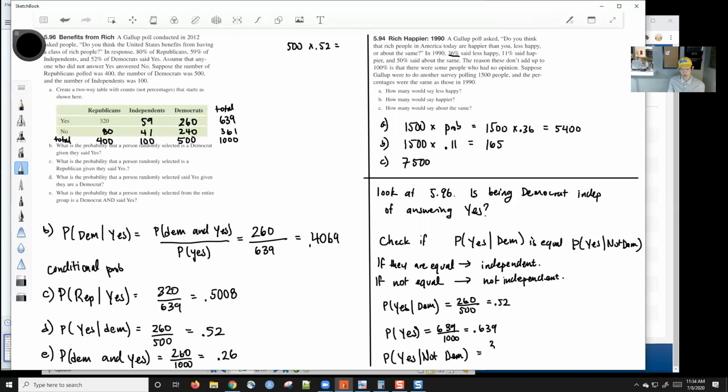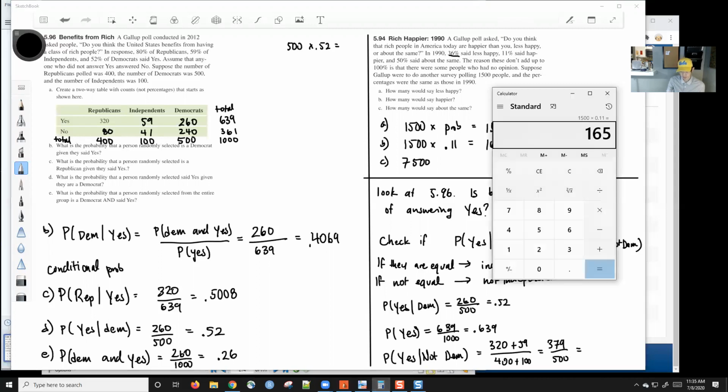We'd have to do 320 plus 59 divided by 400 plus 100. So I get 379 out of 500, and that's, what is that? 0.758.